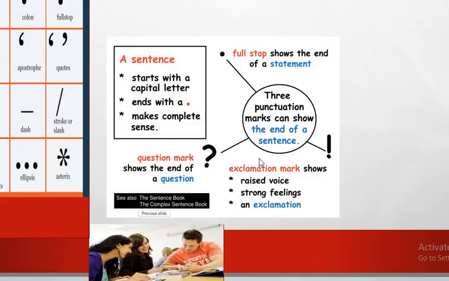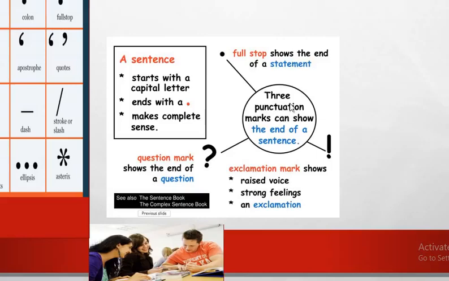Students, generally a sentence starts with a capital letter and ends with a full stop and makes a complete sentence. Full stop shows the end of a statement.